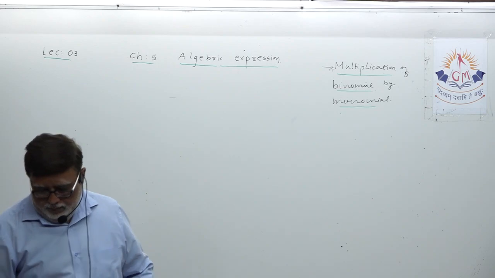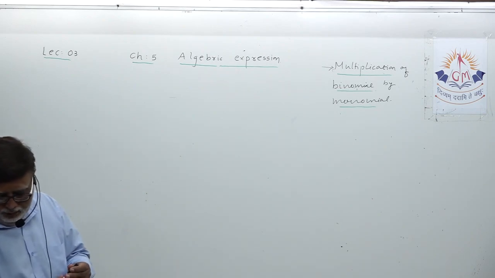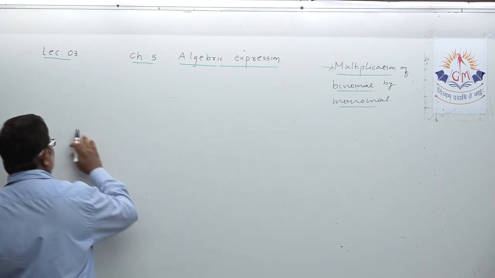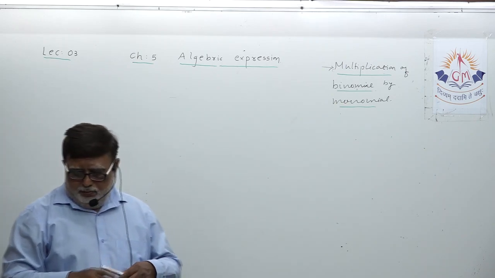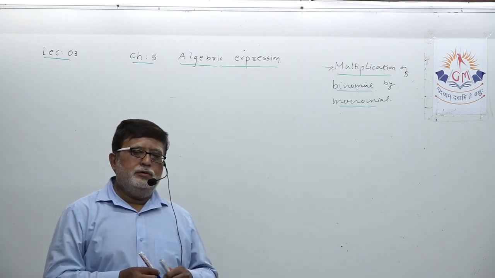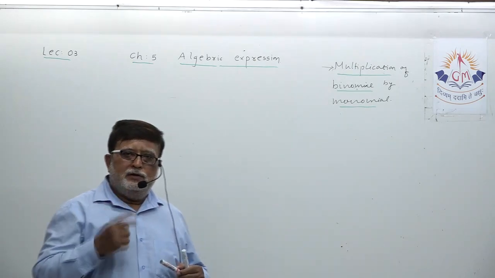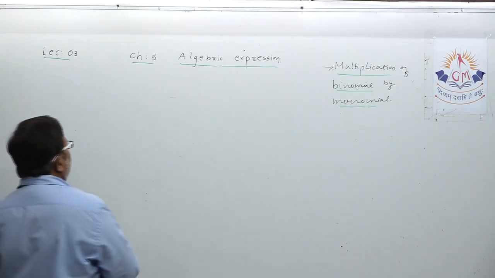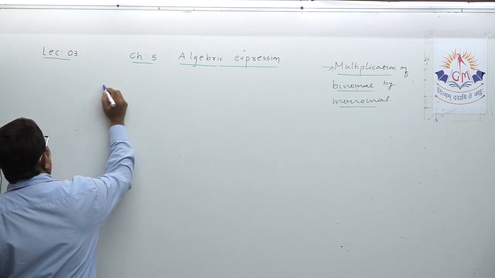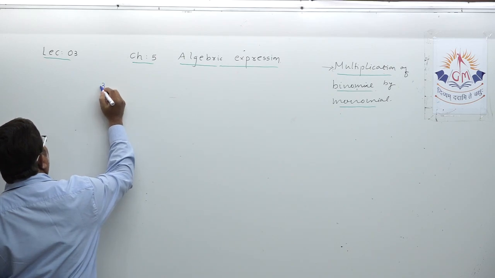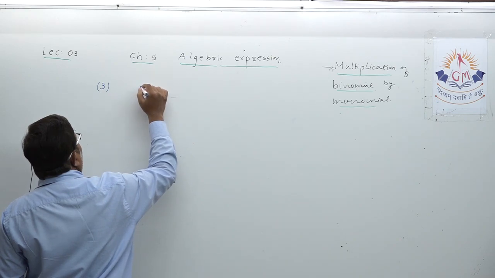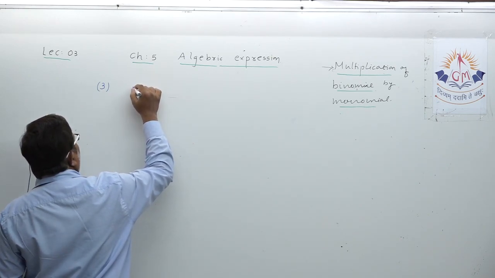Okay, let me take one more example today. Okay, students, I think we have taken 2 to 3 examples yesterday, if I remember accurately. Let us take some more examples. Suppose, example number 3, suppose I am writing the example and try to understand it, dear students.